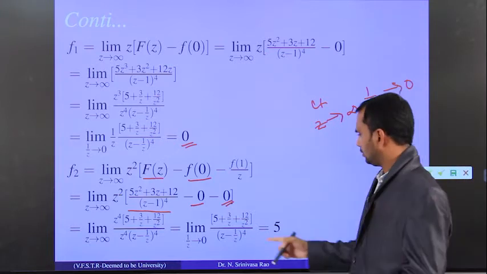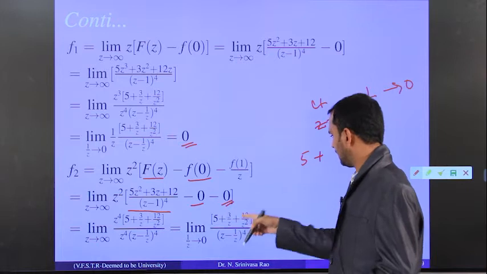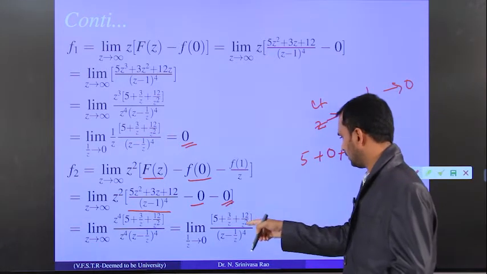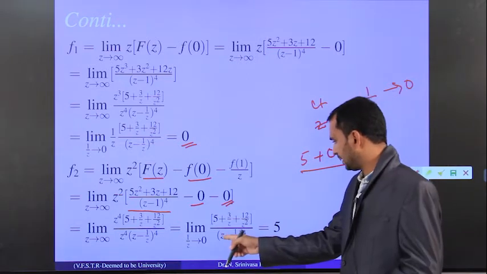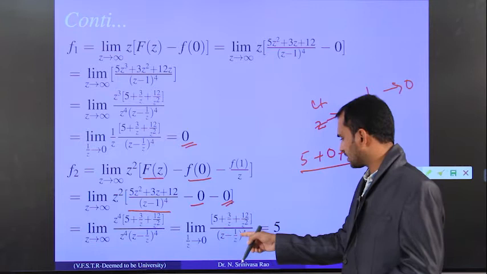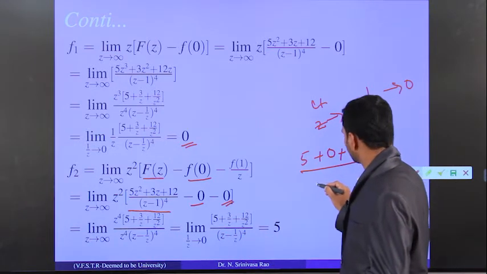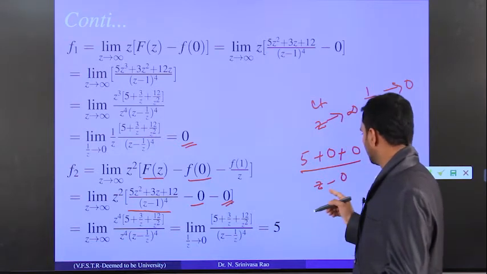So 5 plus 3 by z also goes to 0, I have told you already, and 12 by z square also goes to 0, whole divided by z minus 1 by z whole power 4.